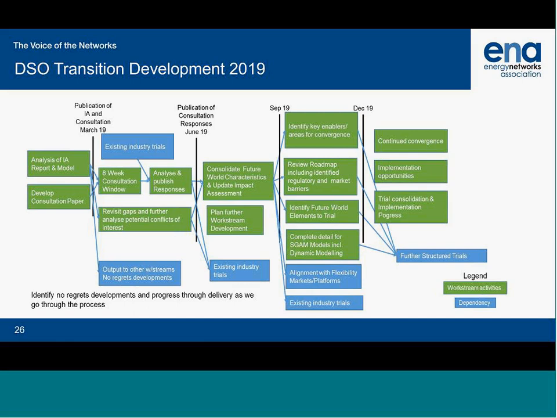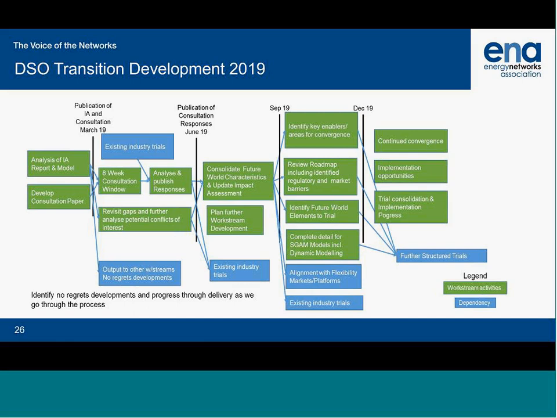So now we've done that piece of work, it's about understanding in more depth what these unintended consequences look like and what differences it would make to the way we'd want to set about designing these different worlds. So it's basically feeding that feedback into the process and making sure that we've got an SGAM model that is living and is going to genuinely inform the direction of travel that we're taking in this transition.